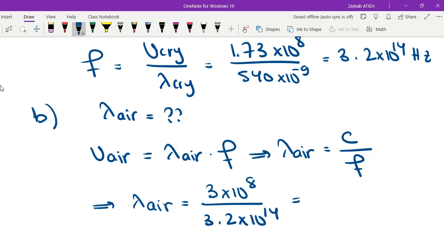This will give us 9.37 times 10 to the power minus 7 meter.